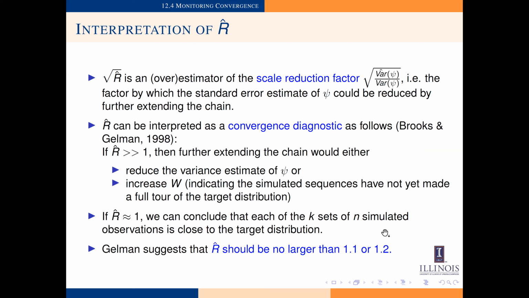Although he included the 1.2 option here, and although the textbook talks about the use of 1.2 as a threshold, in practice, I think right now people increasingly use 1.1 as a threshold. So if your R hat is below 1.1, then it indicates that it is possible the chains have converged. If your R hat is greater than this threshold, it indicates that you should run it for longer to reach convergence.